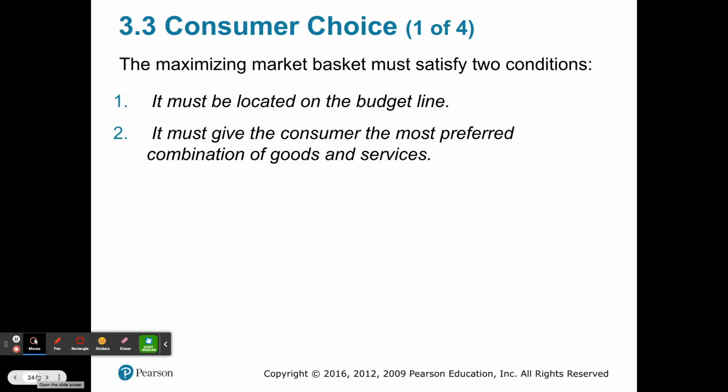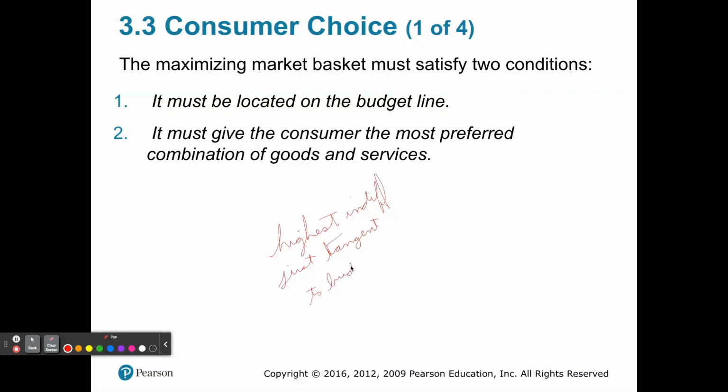And so that leads us to our third step, which is now our ultimate consumer choice. That ultimate consumer choice is basically going to be, if I had to write it out, your highest indifference curve that is just tangent to the budget constraint.